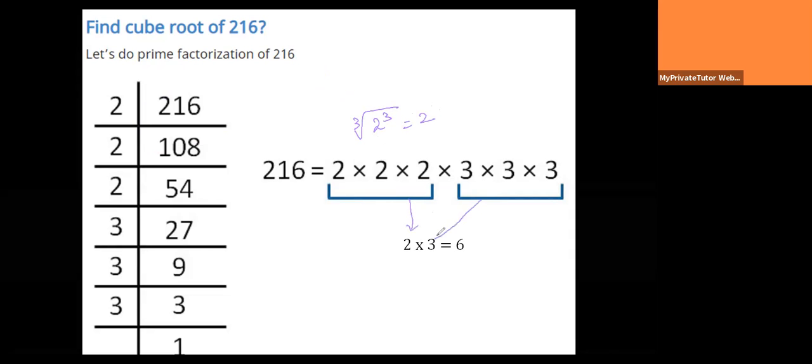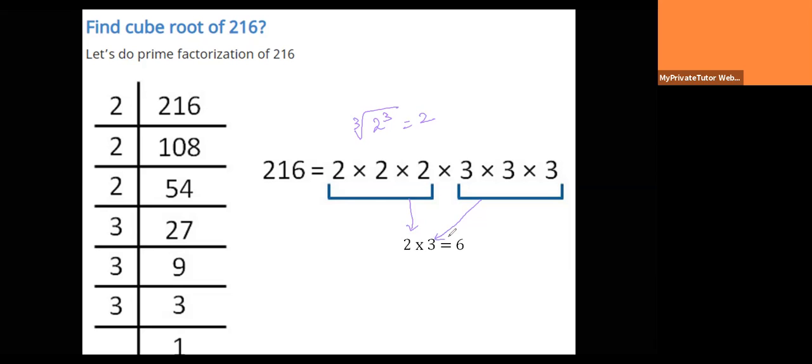So the only basic idea you need to keep in your mind while doing cube roots is to check whether we get 3 numbers. If you get one number, for example, you got 2 here, that 2 has to appear 3 times or 6 times. Then only that number becomes a perfect cube.